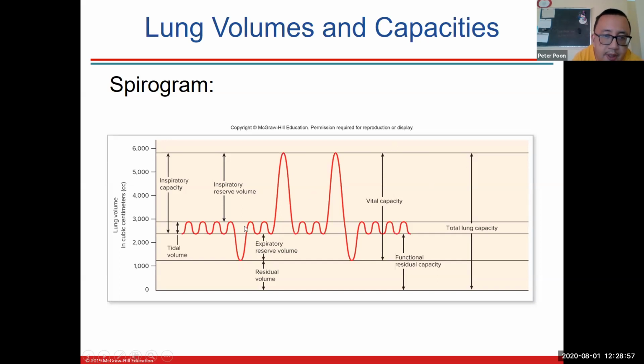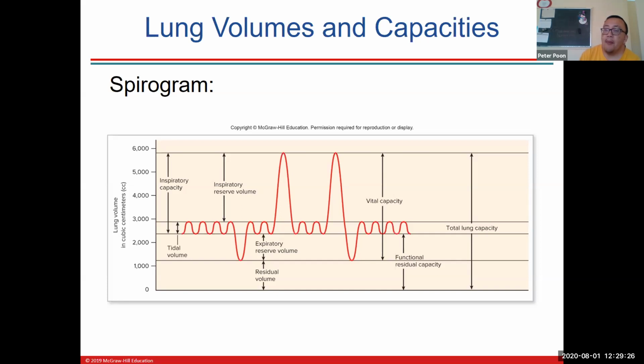The expiratory reserve volume plus the inspiratory reserve volume plus your tidal volume is called your vital capacity. That is the amount of air I can reasonably breathe in and out at one time, like if I'm running really hard. At maximum function, my lungs function at vital capacity.